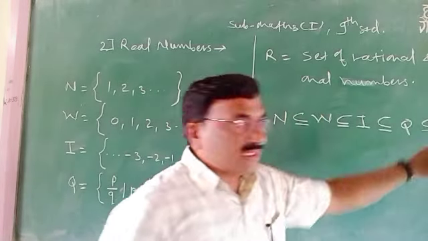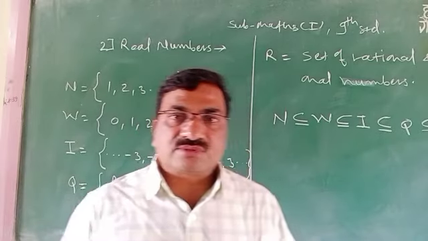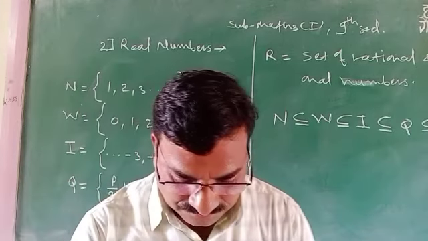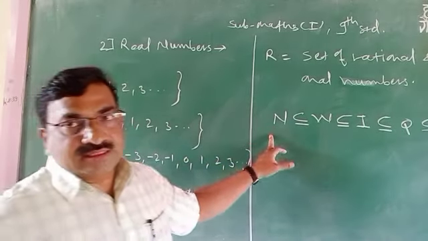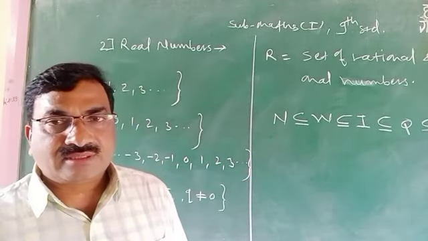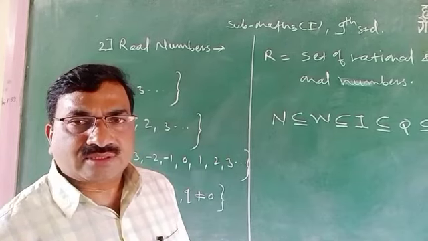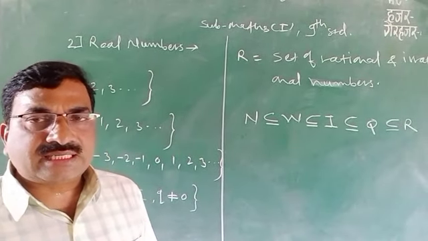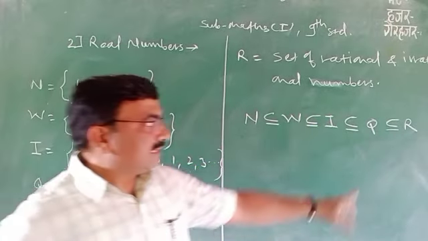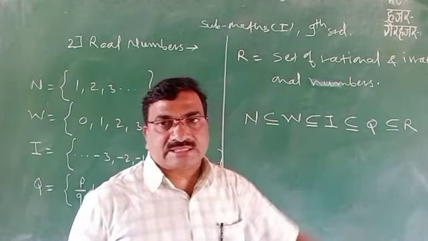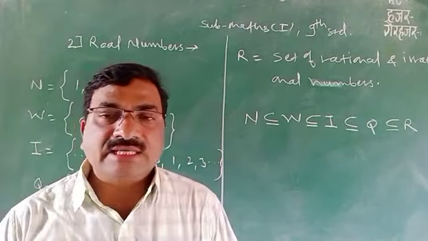That is, real numbers is the greatest set, which includes all the numbers. This is the order relation from natural numbers to real numbers. Real numbers is the biggest set.